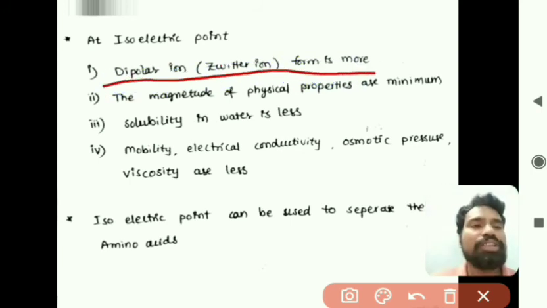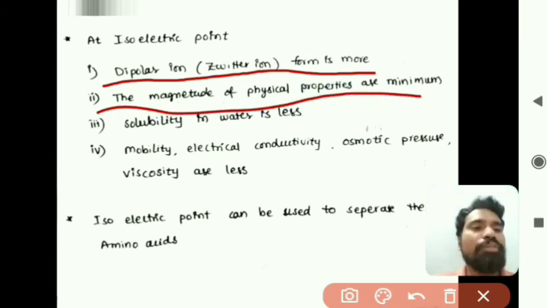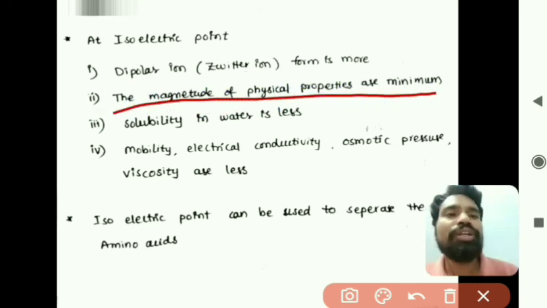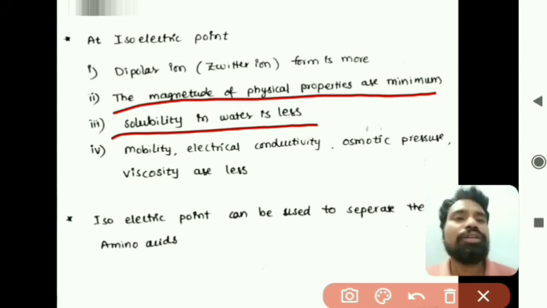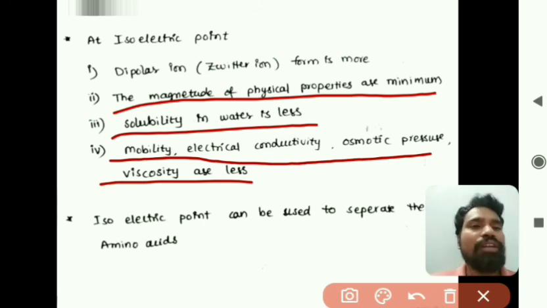The amino acids exist more in the form of dipolar ions, not as cations or anions, and the magnitude of most of the physical properties is minimum. Solubility in water is very less, right. And next is mobility, electrical conductivity, osmotic pressure, viscosity, all are very less at the isoelectric point.